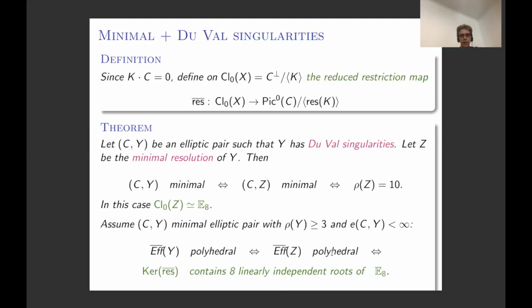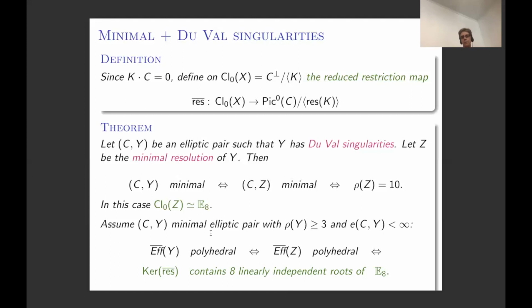is polyhedral, and if and only if the kernel of this reduced restriction map contains 8 linearly independent roots of our lattice E8. So roughly what this says is that there are many -2 classes, -2 curves in Z, and such that essentially we are able to write C as a combination of all these -2 classes, and this will somehow force us to have a face of a polyhedral cone.